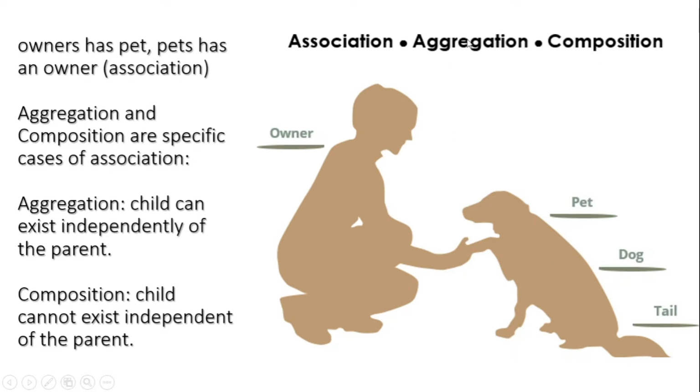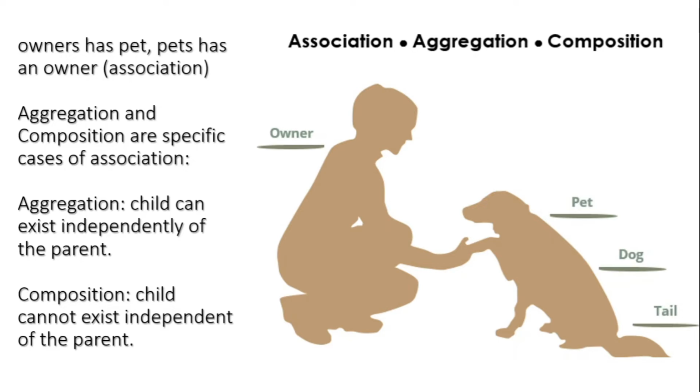Now, when it comes to the lifetime of these objects, we have composition and aggregation. Composition basically means that if destroying the parent leads to destroying the child, that's a composition. Take this example: I have a head. If I'm destroyed, my head, of course, is going to be destroyed with me.